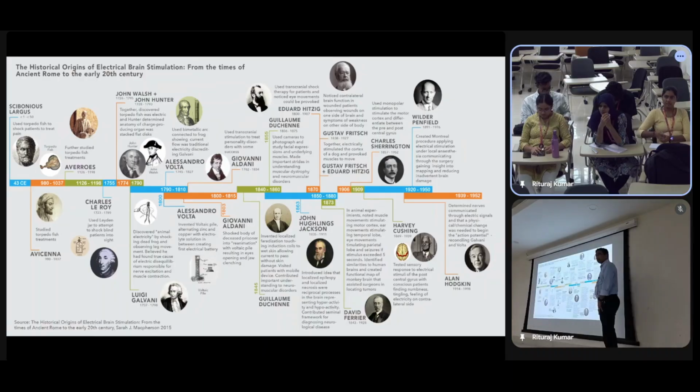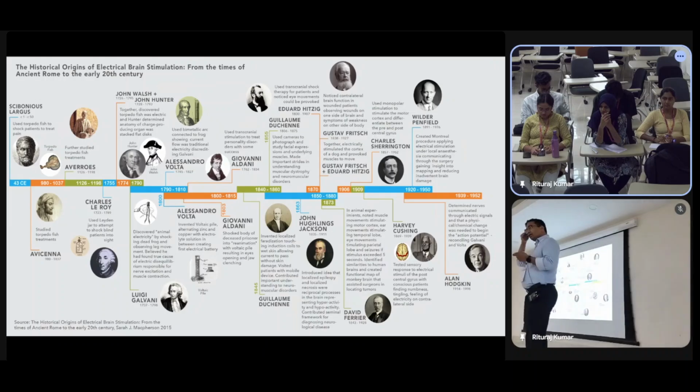Wilder Penfield's work. So what he did was, he's a neurosurgeon. He was identifying which part of the brain is responsible for which part of the body. So he was taking a small current to stimulate certain parts of the brain, when he was trying to cut off certain brain mass in cancer patients or something like that.